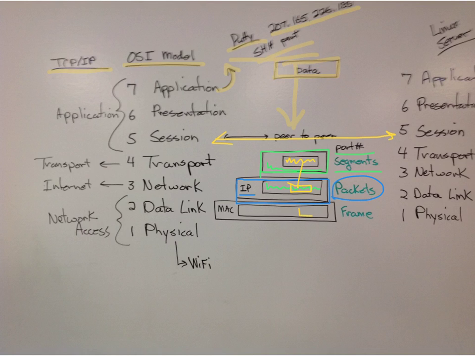So that's somewhere in here, somewhere inside a segment with IP addresses, so that's all encapsulated, and then eventually we put on the MAC address in this example. And here we call it a frame.